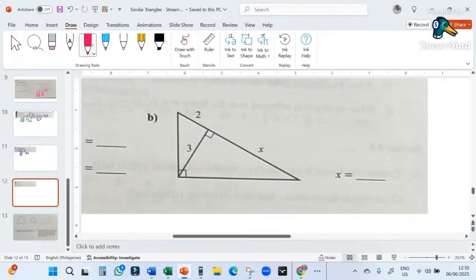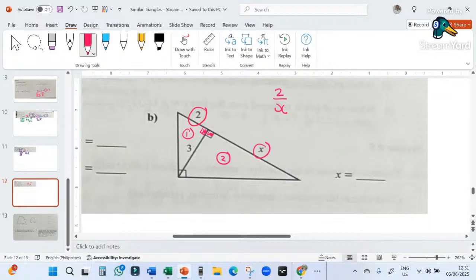Okay, so this is the square corner. If this is the bottom of the square or the right angle triangle, the first one, and the second will be x, then you can say 2 is to 2x.